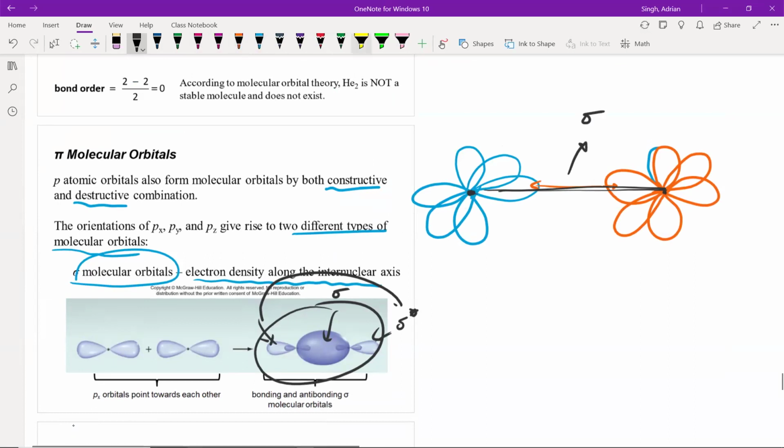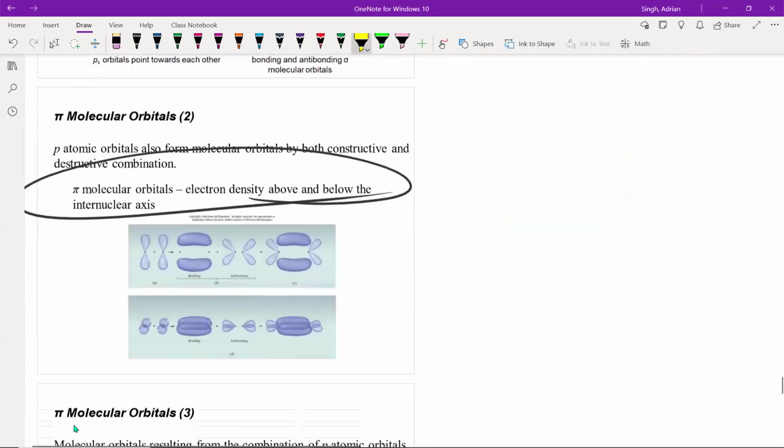We have a combination here that's going to lead to electron density above and below the internuclear axis. And don't forget, we also have these that are going to overlap there as well, the ones like this. So the remaining p orbitals can also combine in a similar way.